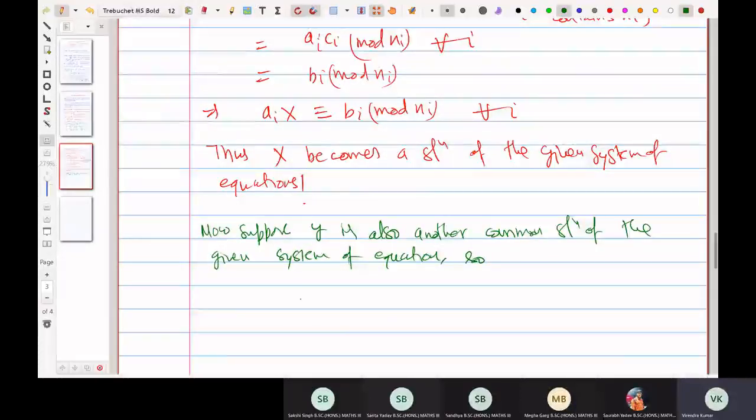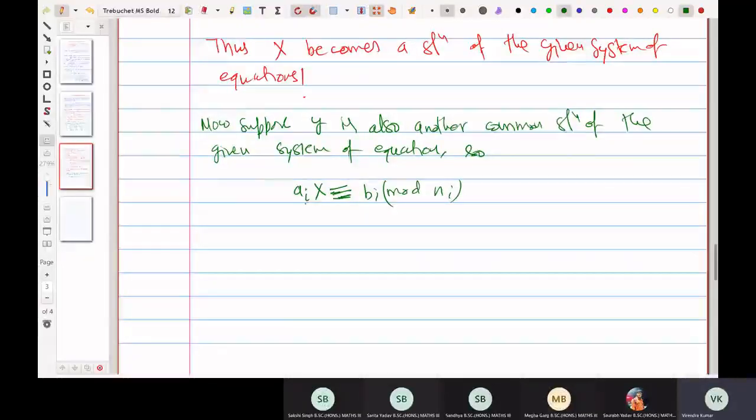And so Ai capital X is congruent to Bi modulo Ni. In fact, capital X becomes a common solution.